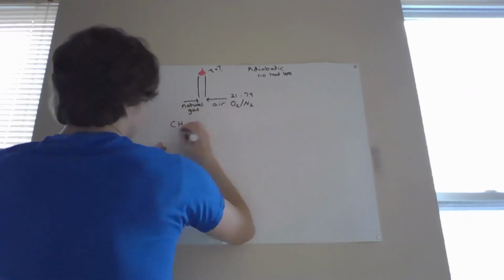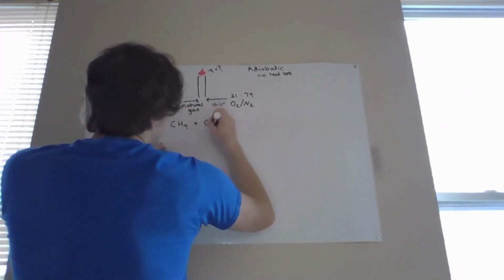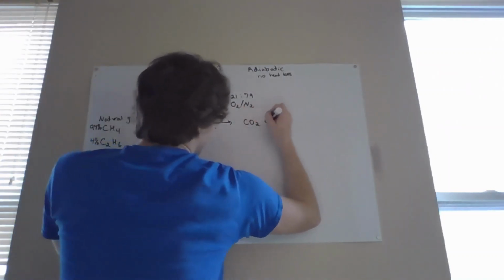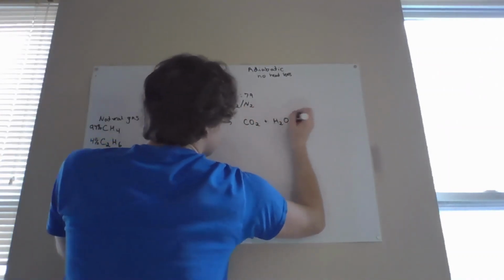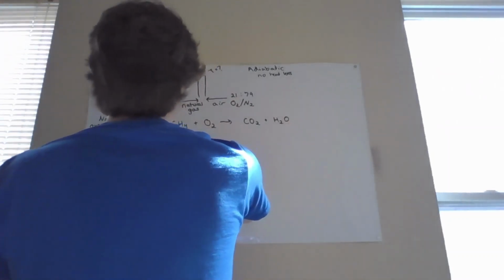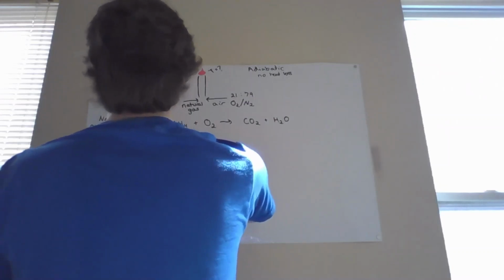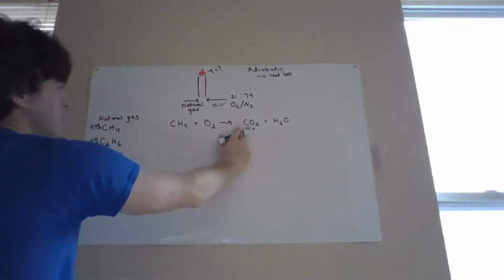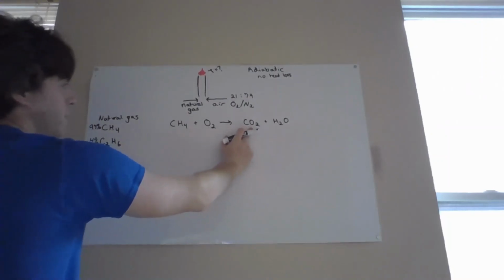In a combustion reaction, the hydrocarbon always reacts with oxygen to burn, and the products are carbon dioxide and water. Now we need to balance this equation. The moles of carbon in the hydrocarbon are always equal to the moles of carbon dioxide. In this case, it's just 1.